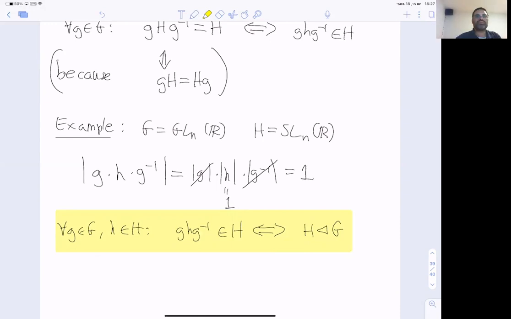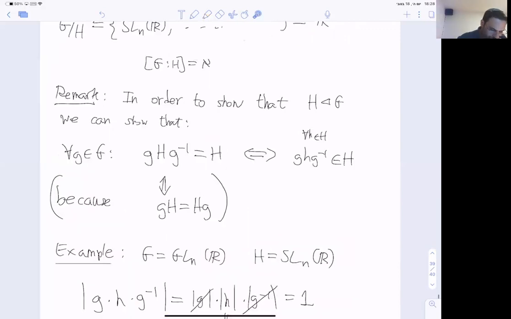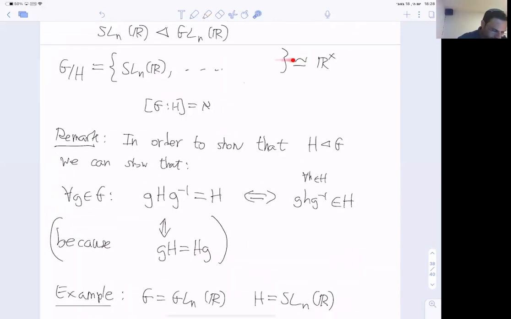Do you have any questions? So how did I know this correspondence? The correspondence is given by a coset here goes to what here?